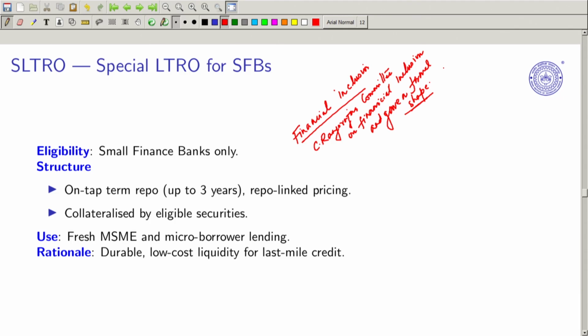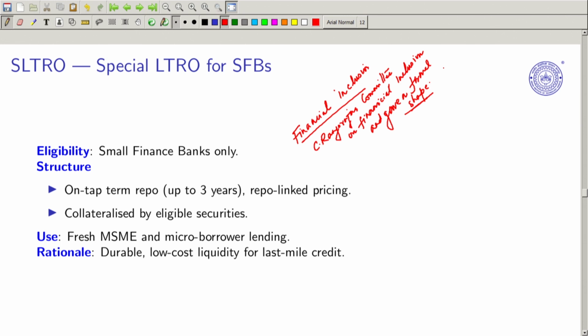But then we saw that there was a scam, some kind of crisis in the financial inclusion industry. Mostly the small finance institutions created trouble, and as a result the government had to put regulations in place to make sure that only the targeted community gets the benefit.